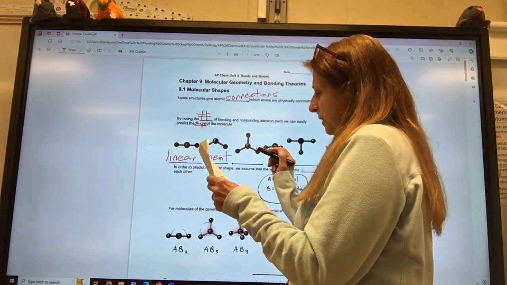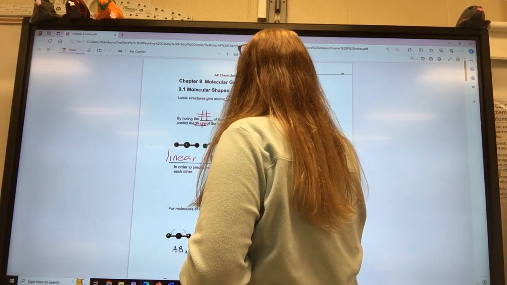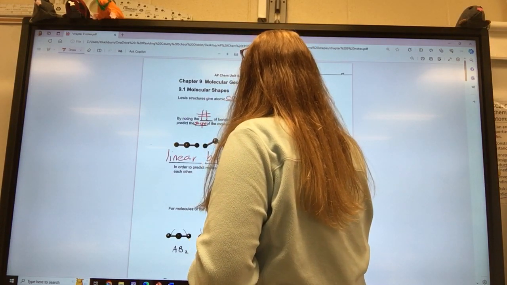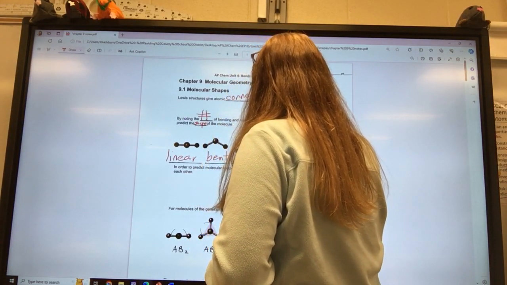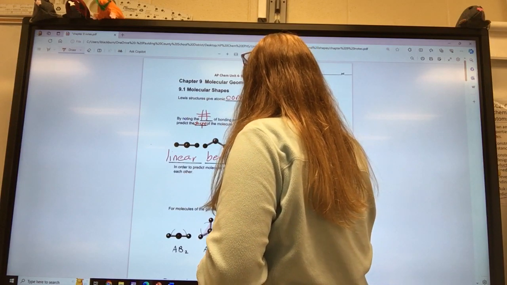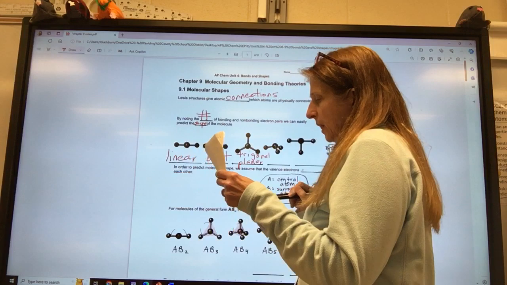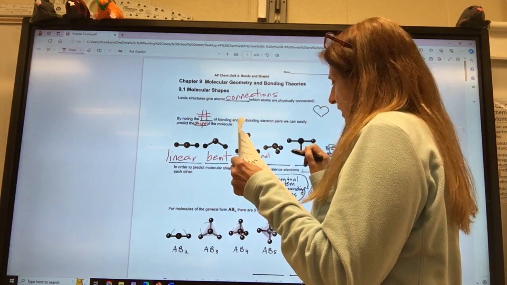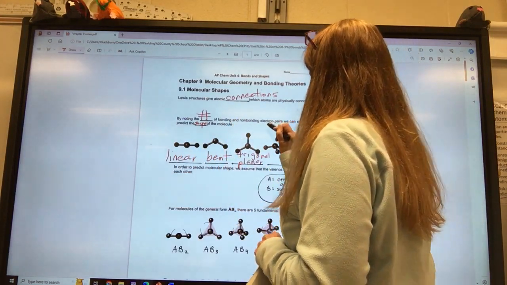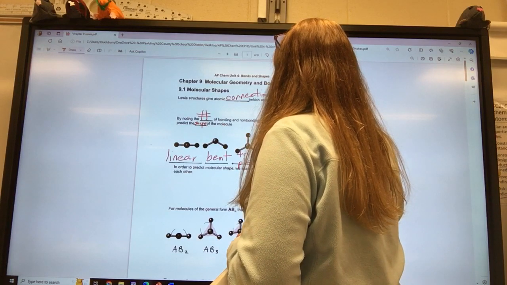Okay, so this one is what we did with 3, trigonal planar. This one is trigonal pyramidal. I'm going to write it up here so I can write bigger.